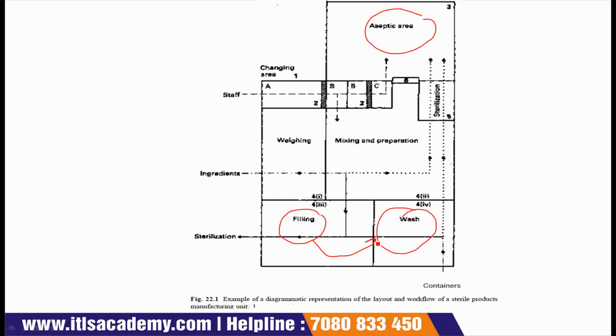Articles which are to be transferred directly to the aseptic area from elsewhere must be sterilized by passing through a double-ended sterilizer. Solutions manufactured in the clean area may be brought into the aseptic area through a sterilization grade membrane filter.